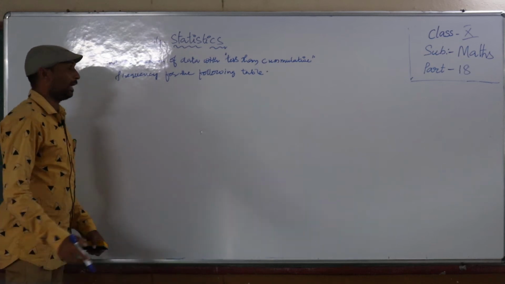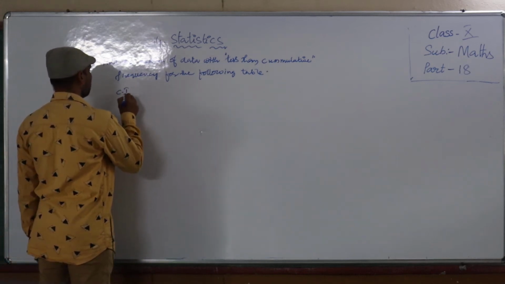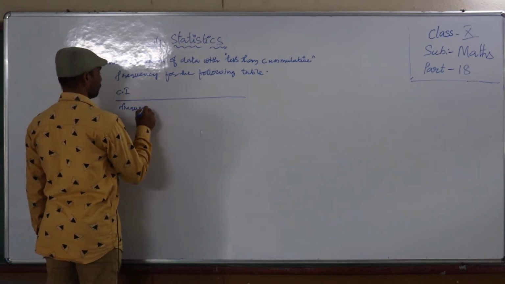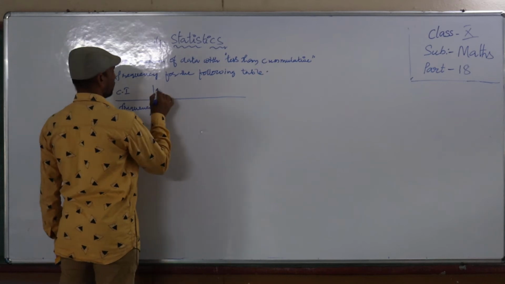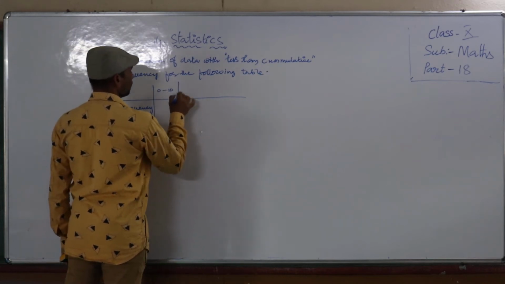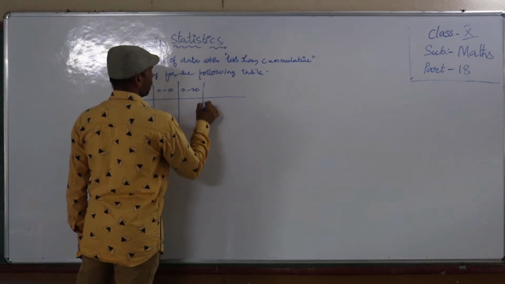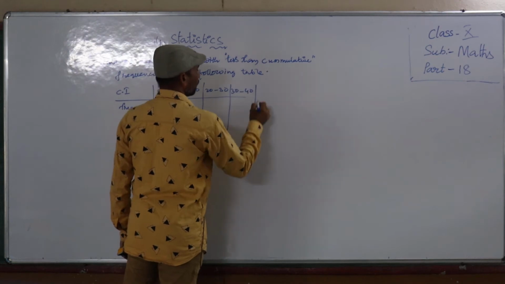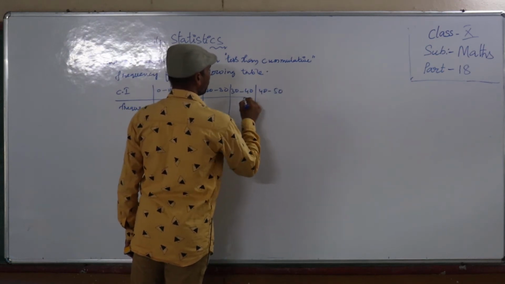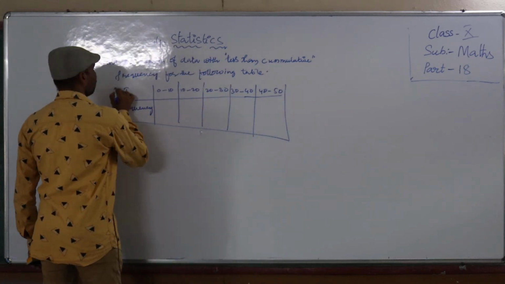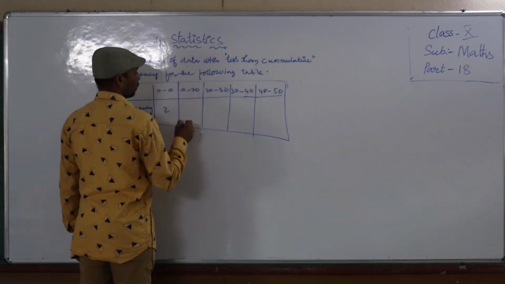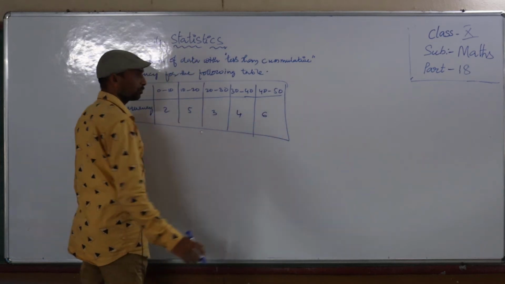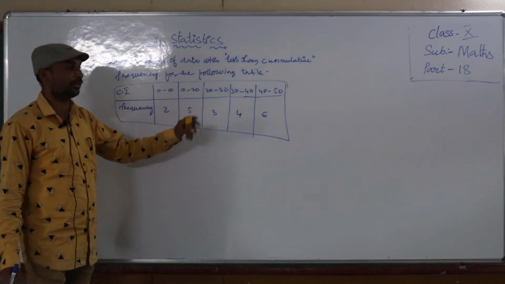They will give class interval and frequency. The class intervals, for example, are 0 to 10, 10 to 20, 20 to 30, 30 to 40, 40 to 50, and the frequencies are 2, 5, 3, 4, 6. So this is the given table.